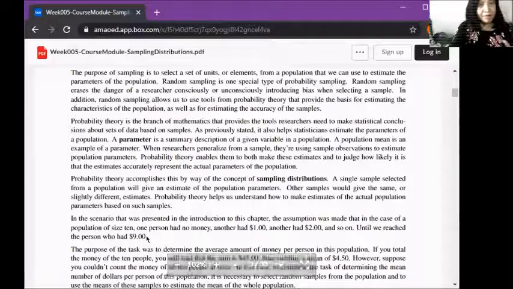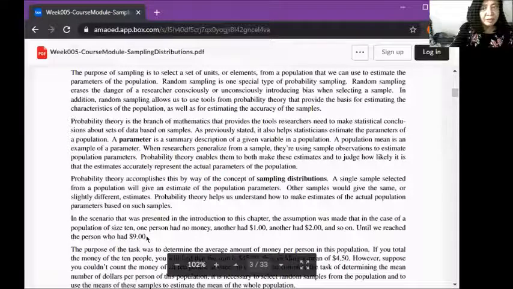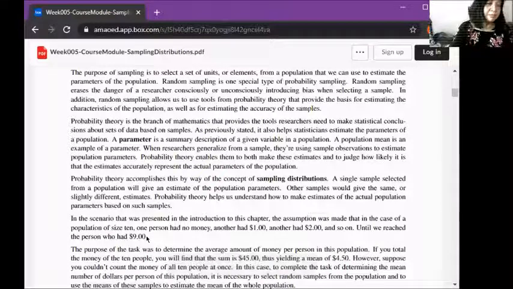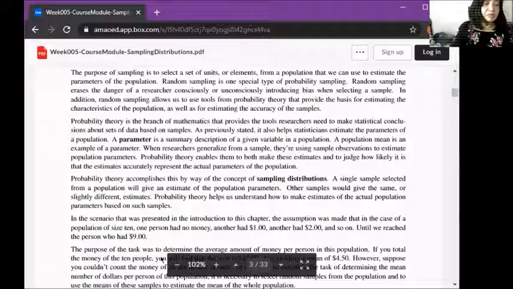So there are 10 of them, from no money to $9, increasing each time. The purpose of the task is to determine the average amount of money per person in this population.